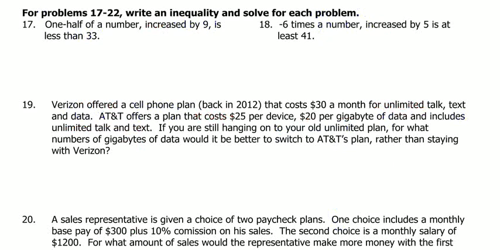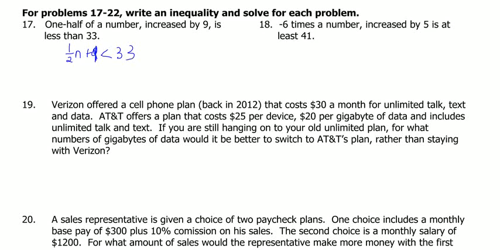Alright, final stretch here. We got 6 problems left. So, 1/2 of a number increased by 9 is less than 33. So, 1/2 of a number increased by 9, so plus 9, is less than 33.